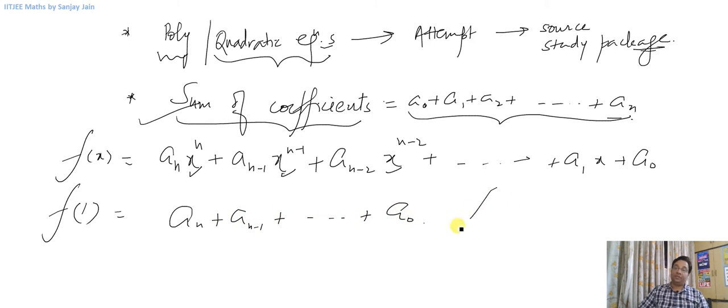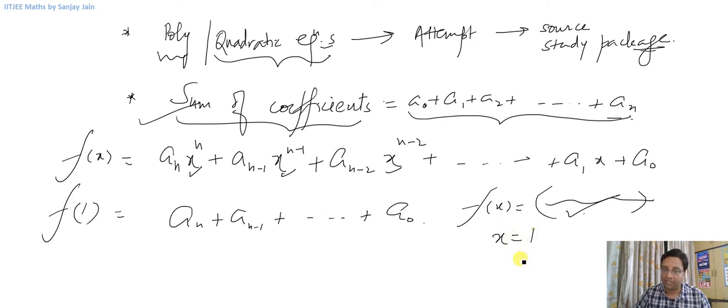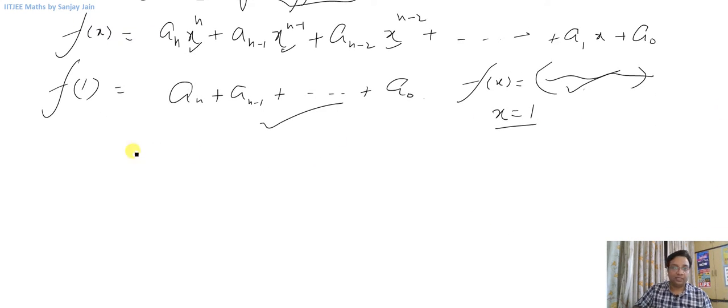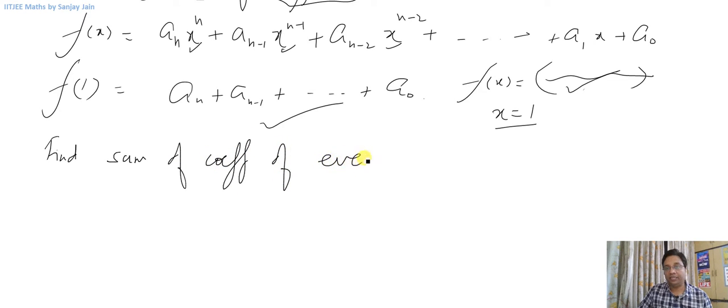Now if a polynomial is given in the question, it can be any polynomial, the question will mention that this is a polynomial and you need to find the sum of coefficients. So you will simply replace x with 1 and you will get your answer directly.